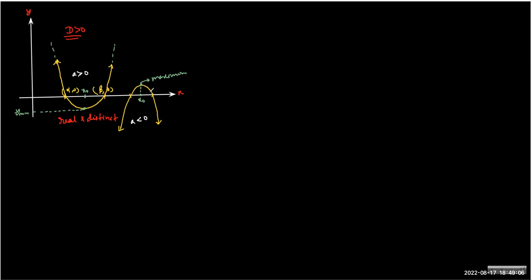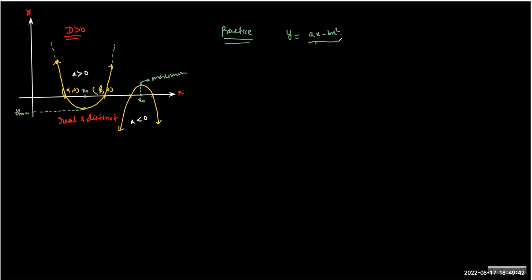Okay, so we'll do some graphical practice to understand how these equations will actually look like in physics. So let's say I am giving you the equation y equals ax minus bx square.